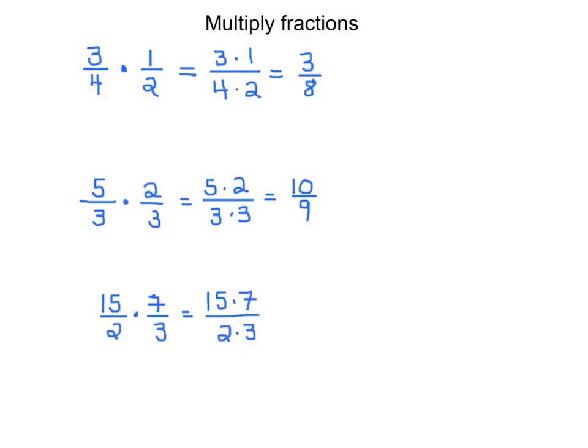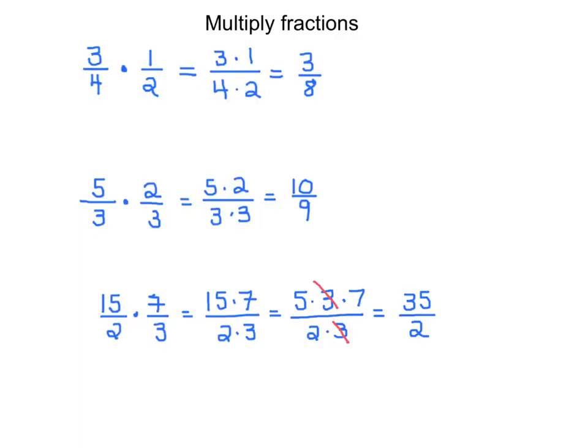So let's factor 15. 15 is 5 times 3, and I'm multiplying that by 7. And in the denominator, I have 2 times 3. I have a 3 in the numerator and a 3 in the denominator, which means they can cancel out, which gives me 5 times 7, which is 35, divided by 2.